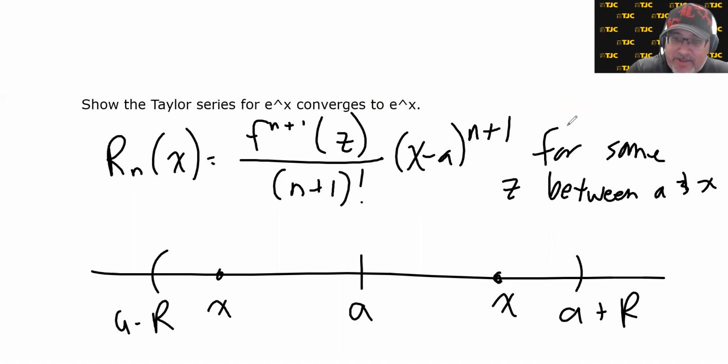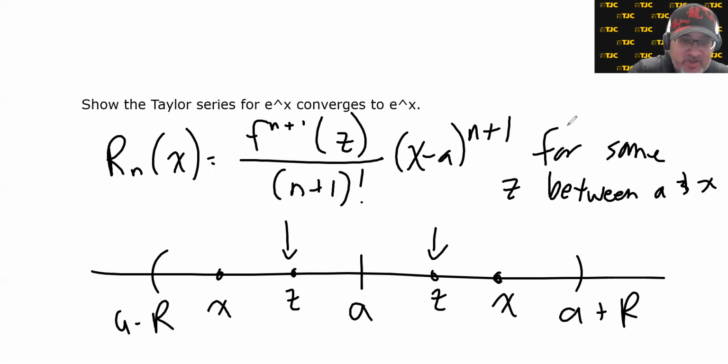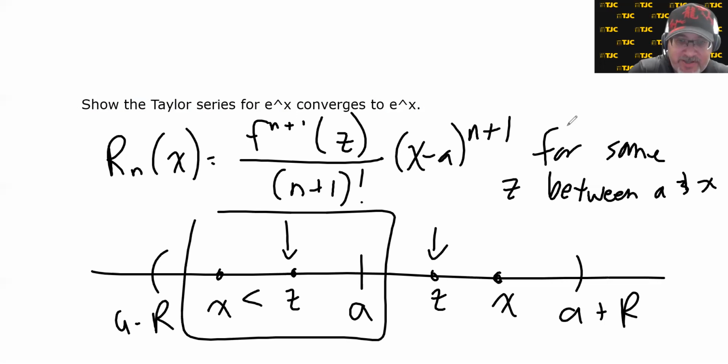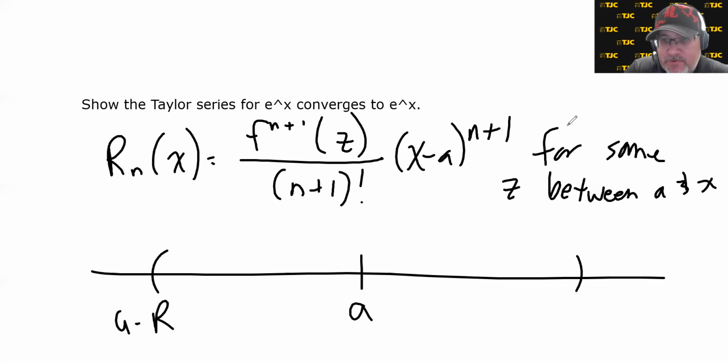If it's greater than a, the z would live here somewhere. If it's less than a, the z would live here somewhere. For x's over here, the relationship is this, but for x's over here, the relationship is this. So we can't definitively say that z is bigger than x or z is less than x. We just know it's between x and a. To resolve this, we're going to do one of 2 cases.